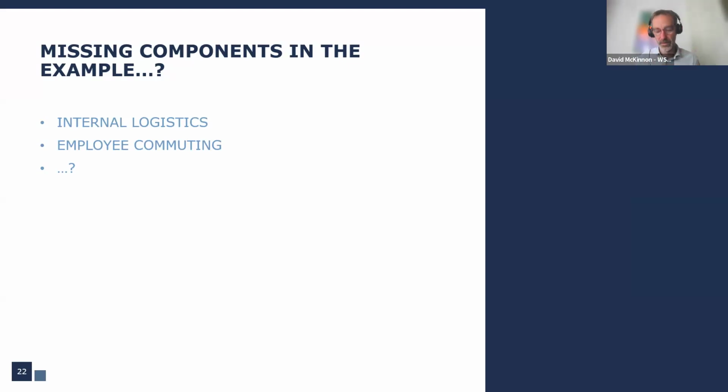So if this was your first year reporting, next year you might be looking at how can we improve this reporting? One thing would be to include the internal logistics for moving stuff around. There's also no employee commuting included. I would assume that if it's an office in Toronto, they have some workers in that office, and they will commute.